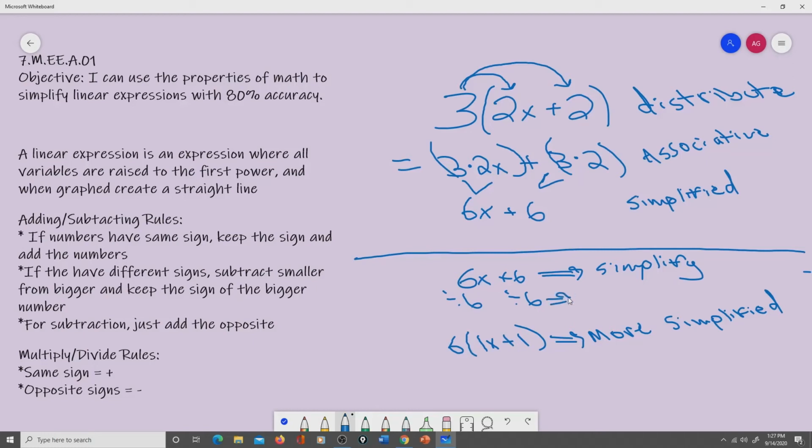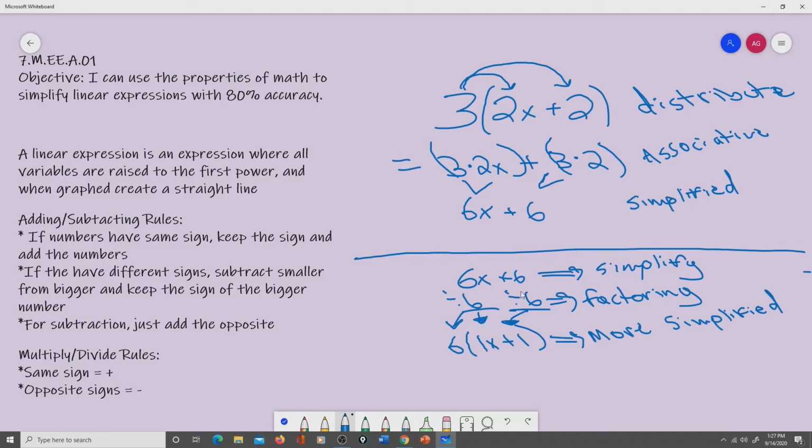So this step here is factoring. And when we factor, we always bring out the number we factored, and then inside the parentheses we leave the solutions to the division we just did. Okay, so that's really nice when we're doing problems like that.